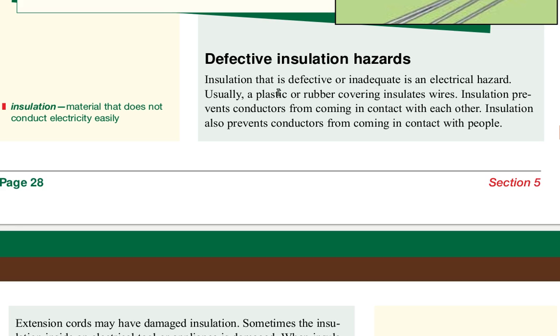Insulation that is defective or inadequate is an electrical hazard. Usually a plastic or rubber covering in insulated wires. Insulation prevents conductors from coming in contact with each other. Insulation also prevents conductors from coming in contact with people.